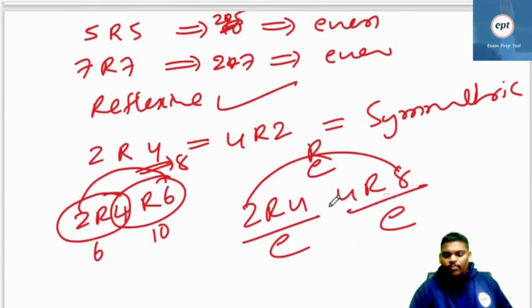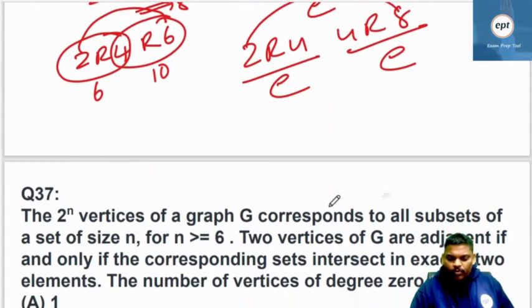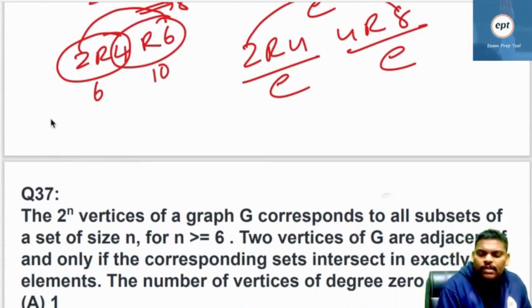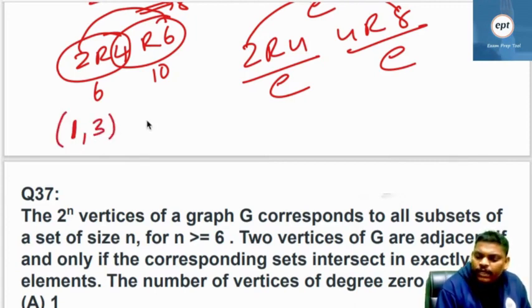Now can you help me with one small and interesting line? Everyone listen, interesting line. If I take 1, which is an odd number, it should also be odd. If I take 2, which is an even number, it should also be even.